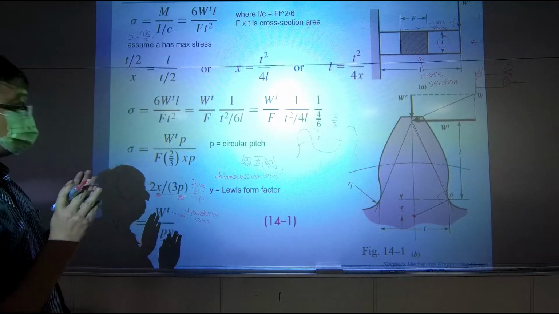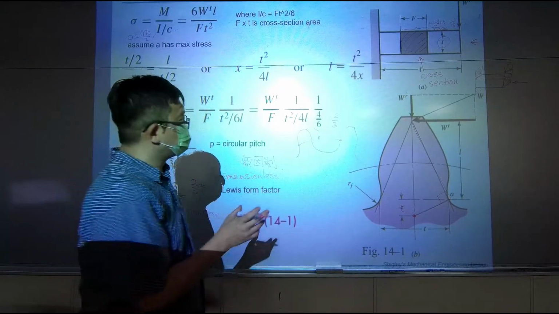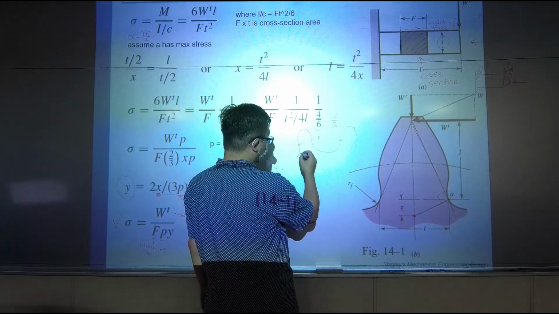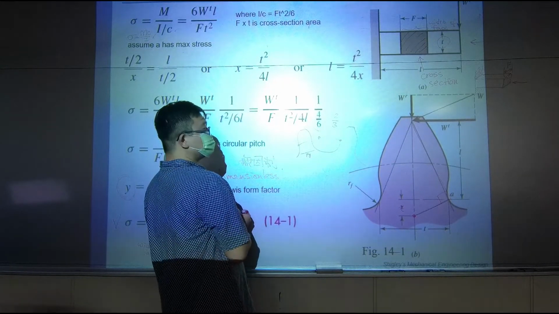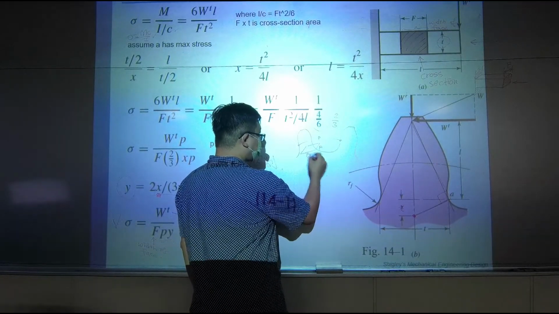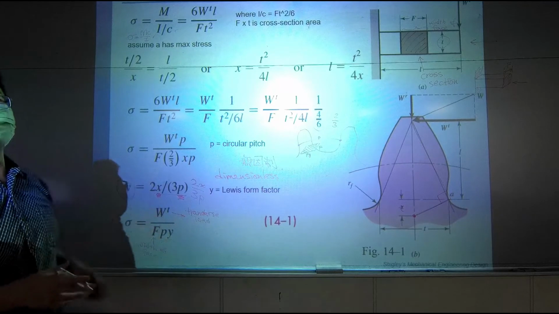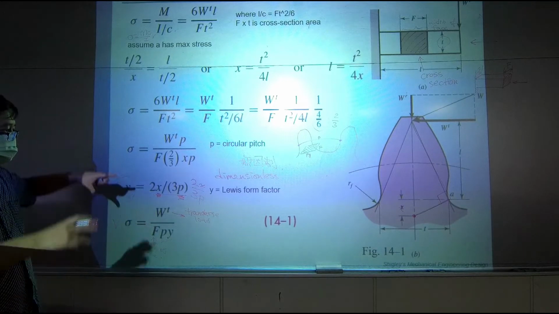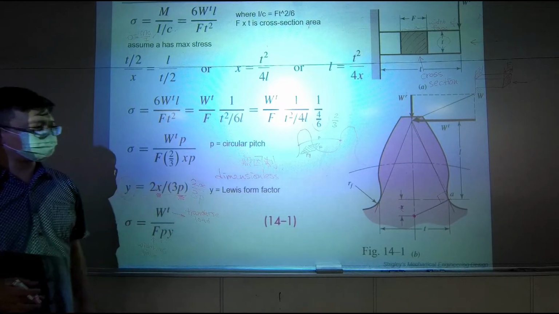So it's like y times p, and you will get a number. So it's like you will be getting some length right here, which is py at the end, and you will have F. So Fpy would be what you get at the end. It's an area. It's a stress area that was being calculated, estimated based on Lewis factor.